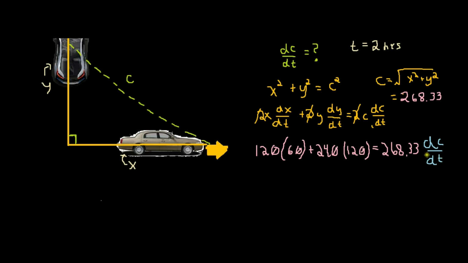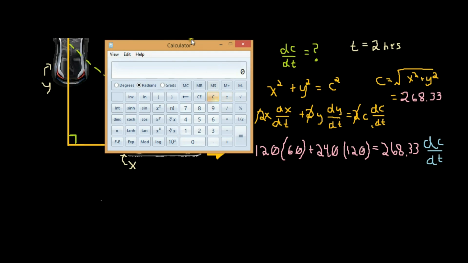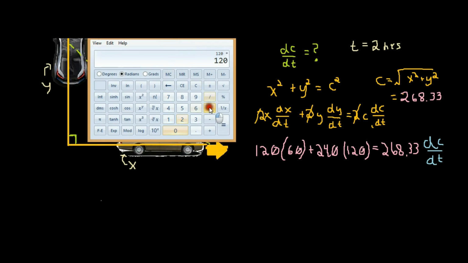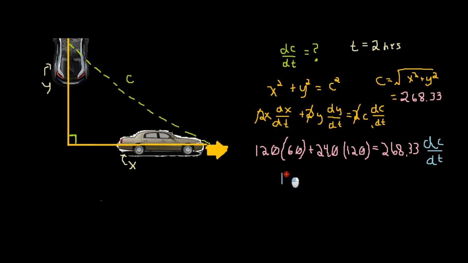So now divide both sides by 268.33, and we just have numbers now, so 120 times 60 plus 240 times 120, and we divide this by 268.33, which gives 134.16 miles per hour.